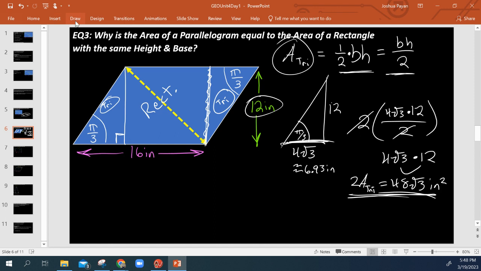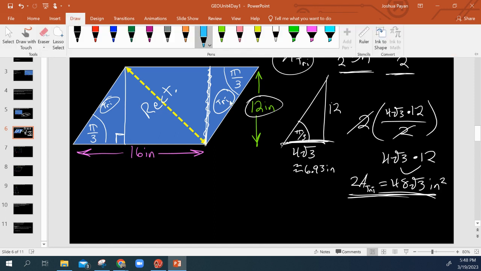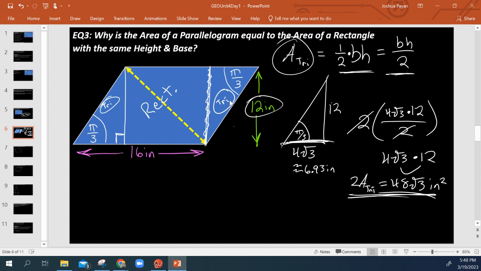I'll keep that off to the side here, and let's use a different color. I need the area of the rectangle now. The full side length is 16 from here to here, but we're only concerned with in between here. We know from here to here all the way across was that 4 square root of 3.